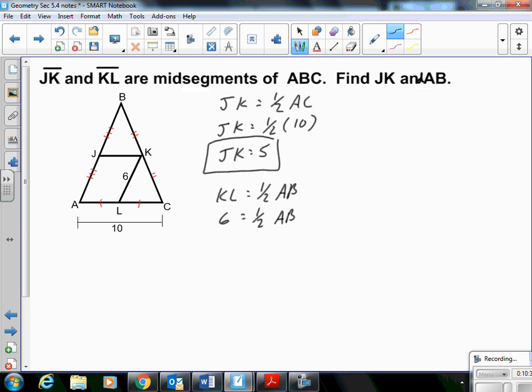Half of AB, move the 1/2 over, we can divide by 1/2, which is the same as multiplying by its reciprocal. So over here we can multiply by 2. So AB is going to be 12. Pretty hard stuff. Probably could have done that in your head without setting them up.